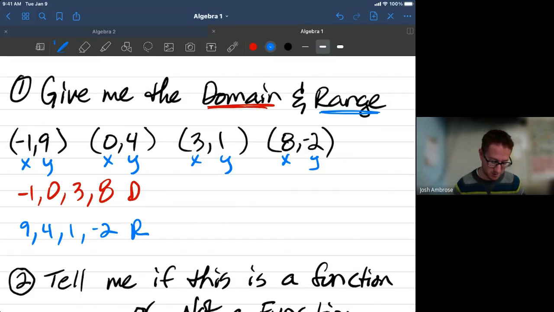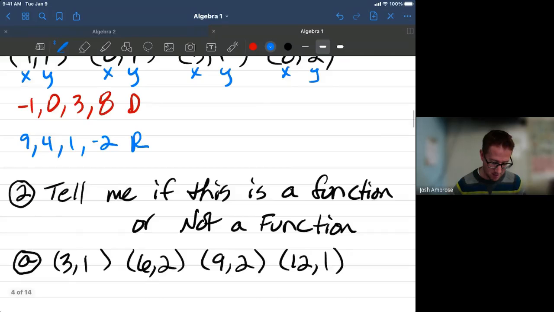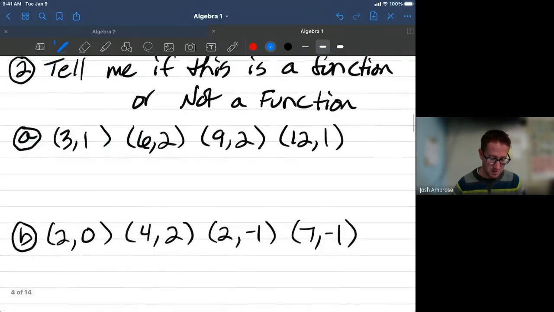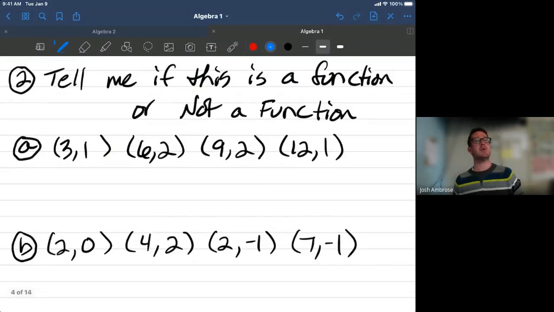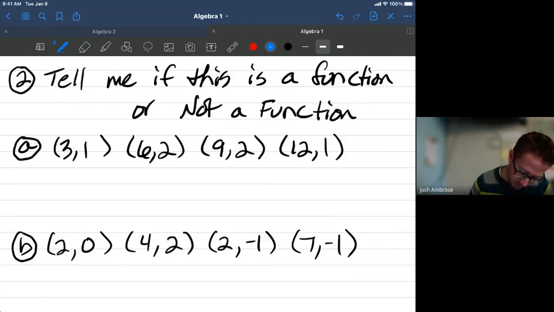All right, let's do the next example problem. Here we go. So tell me if this is a function or not a function. So again, if you look back at your notes, scroll back up to the top, this is where you focus on the x. Okay, so let's focus on x.